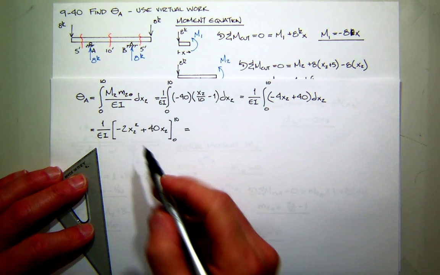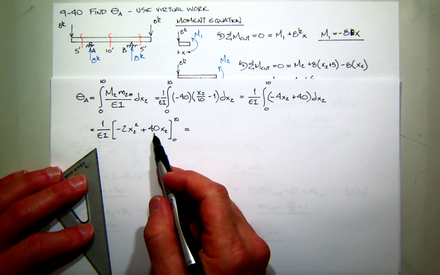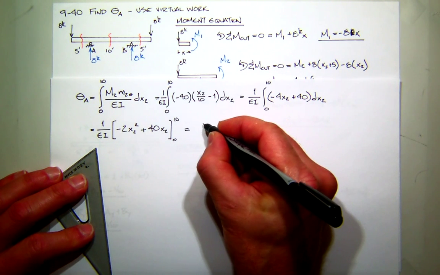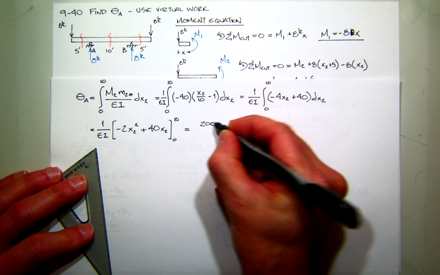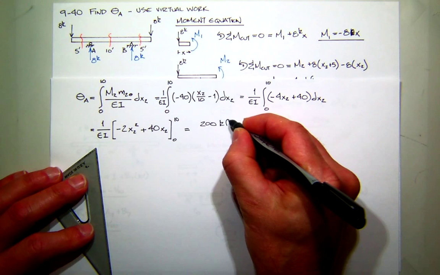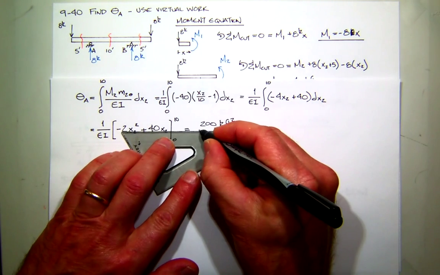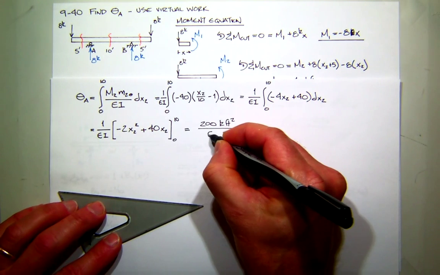You guys might have to help me with this. So that's negative 200 plus 400 is 200. So it looks like it's 200, and that's going to be kip feet squared over EI.